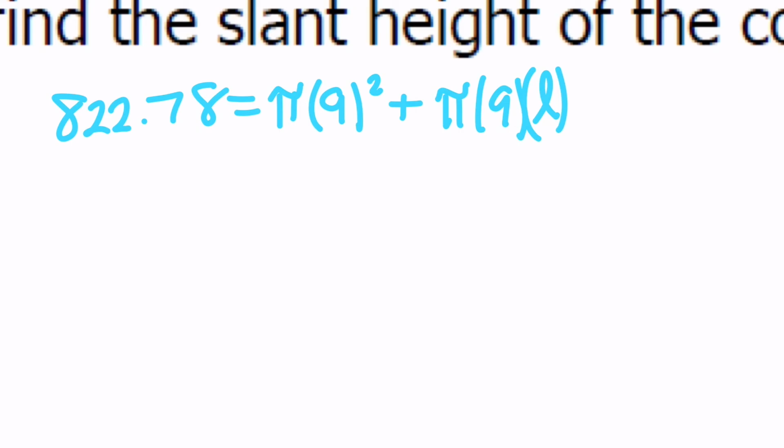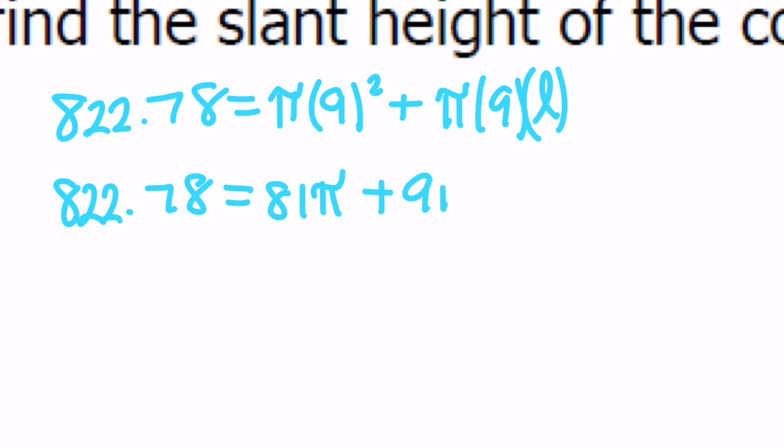Then you solve. So 822.78 equals 81 pi. Went ahead and squared out the 9, plus 9 pi L. I didn't multiply 9 by pi yet, and I'll kind of explain why here in just a second.